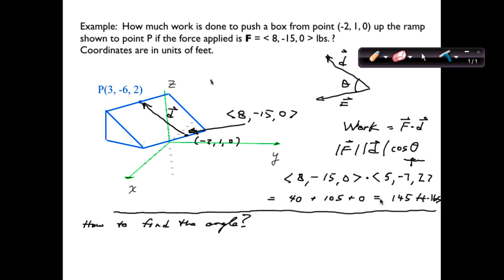Tell me your name again. I'm Jacob. Well, if you were given the magnitude of F and d, wouldn't you be able to multiply? What do you mean if you were given them? I was thinking that we could solve for theta and then do the inverse like Kyle was saying.